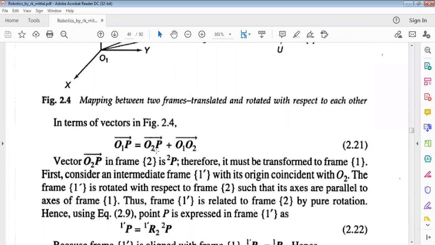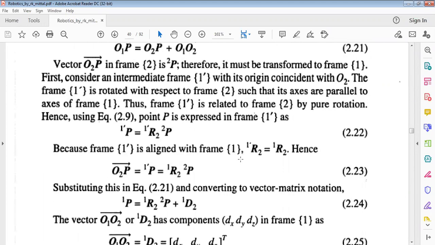As I said earlier, according to vector summation, O1p is equal to O1O2 plus O2p.